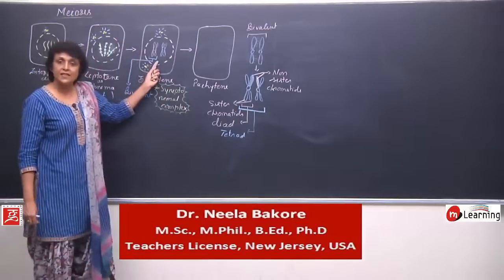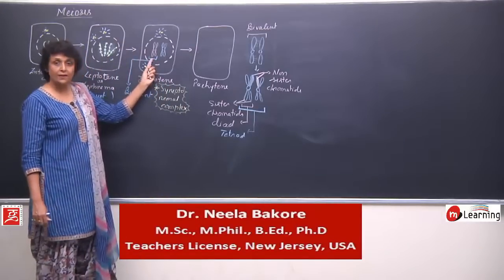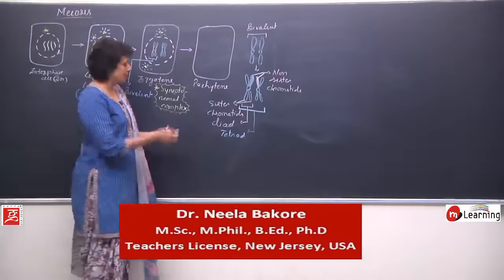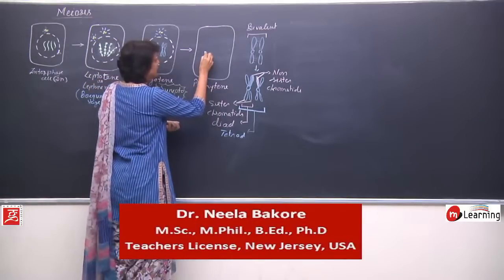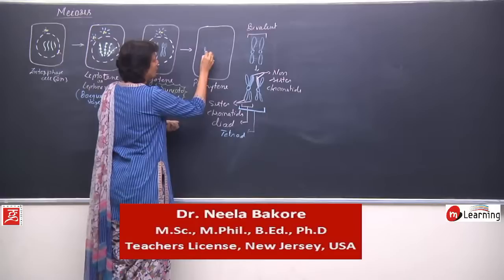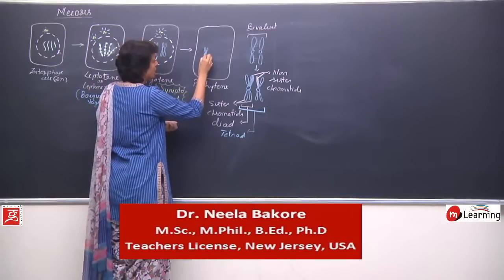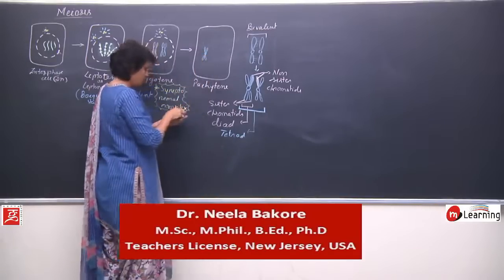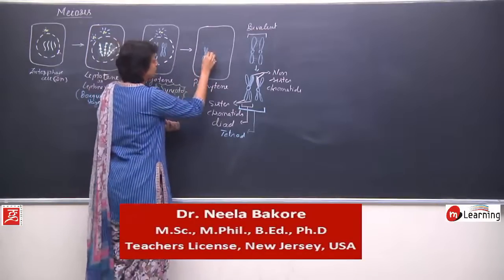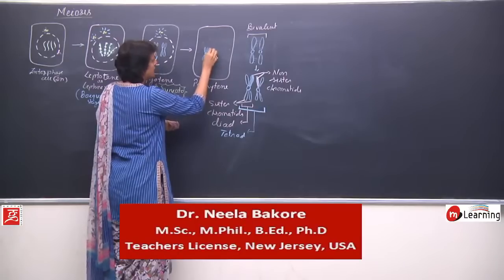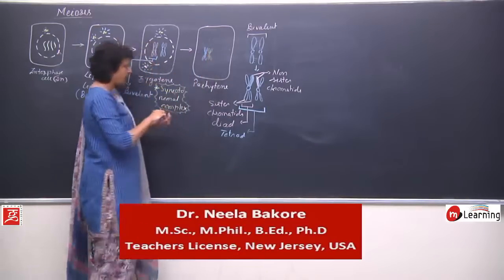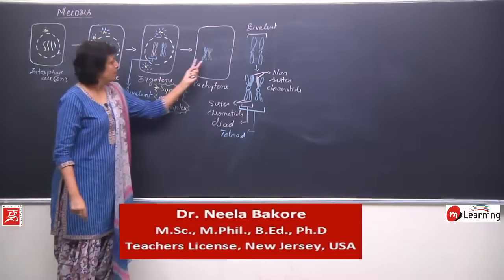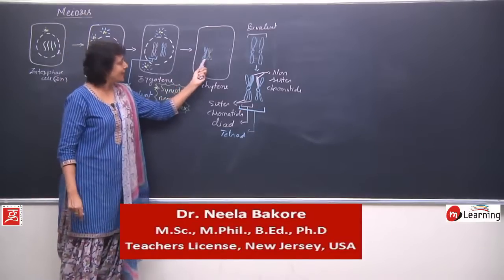How many tetrads are we going to see for one pair? One tetrad. So we are talking of one chromosome and its homologous pair. This is one pair, and it's a dyad and a dyad.